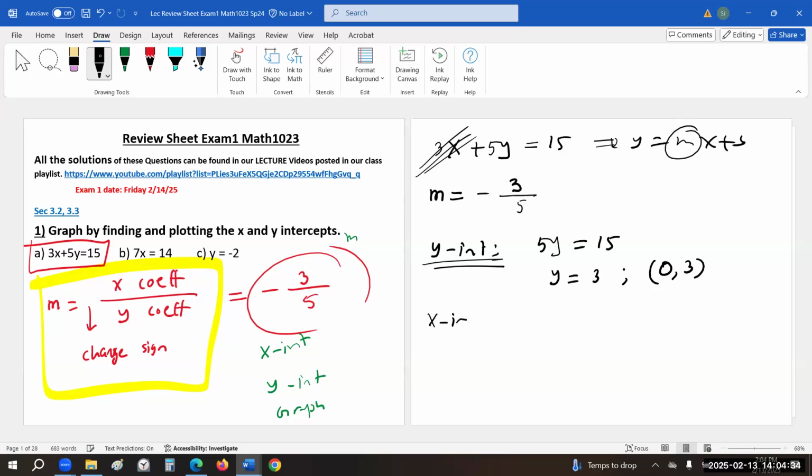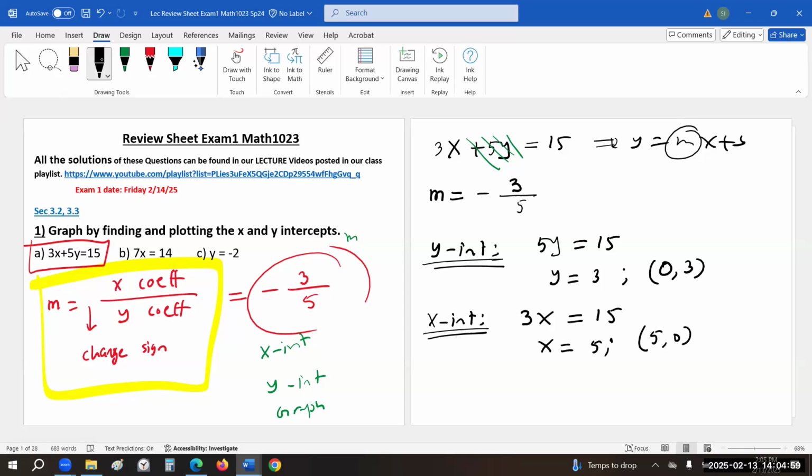Then you're finding the x-intercept. That means we are losing the y. If you lose the y, what do you have? 3x equals 15, and then x equals 5. This time the point is (5, 0).